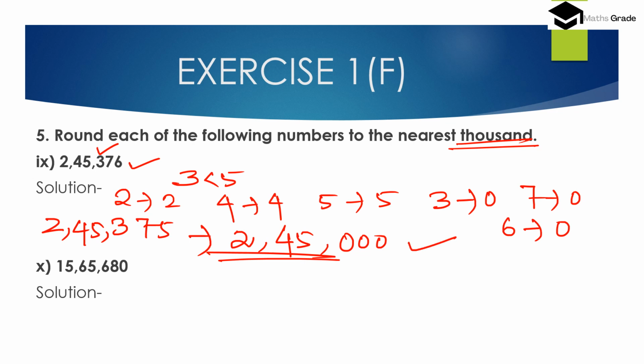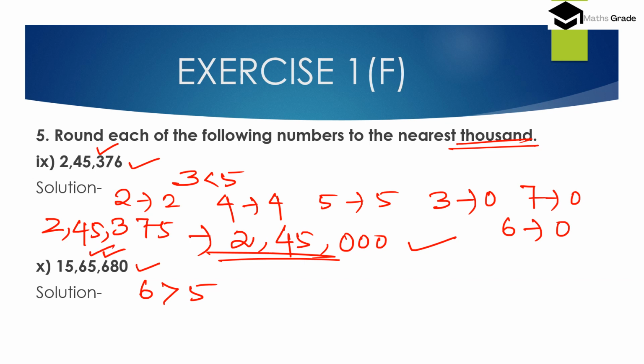Now 10th bit: 15,65,680. We have to round this number 15,65,680 to the nearest thousand. When we round any number to the nearest thousand, first look at the 100s place value digit. Here the 100s place value digit is 6. 6 is greater than 5. So we have to add 1 to the 1000s place value digit.